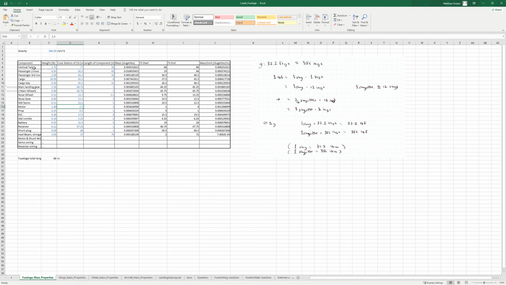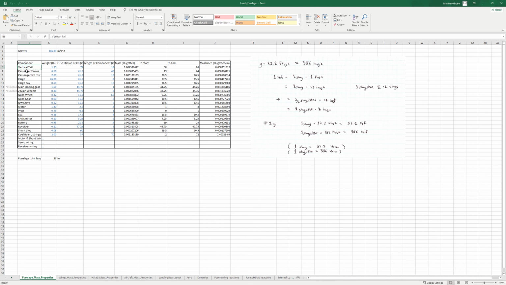So here's just a list of components, and I've put in the vertical tail as just a component sort of attached to the fuselage, since it's not producing any aerodynamic forces up or down.